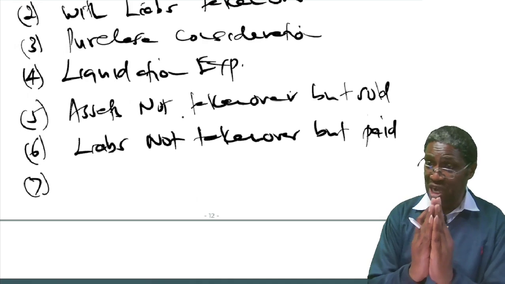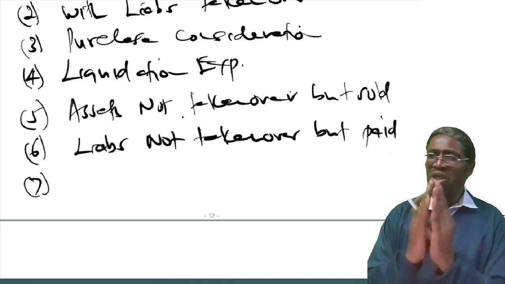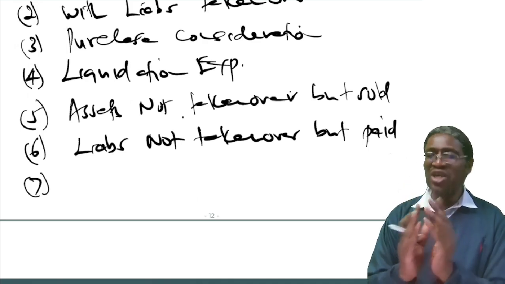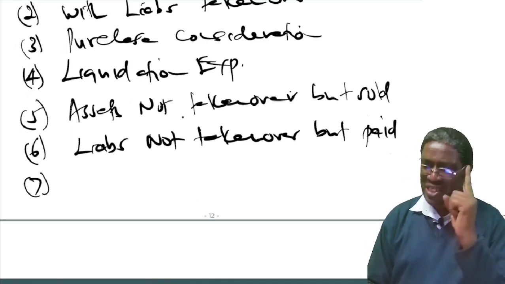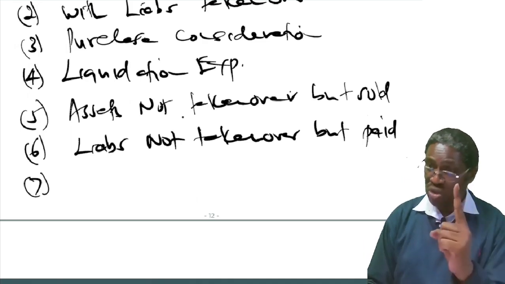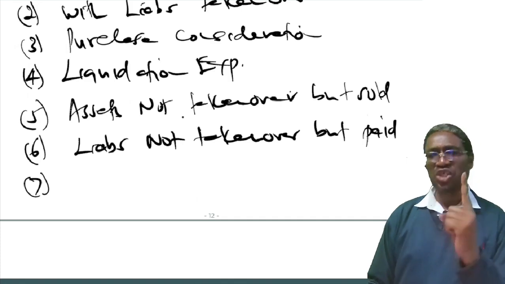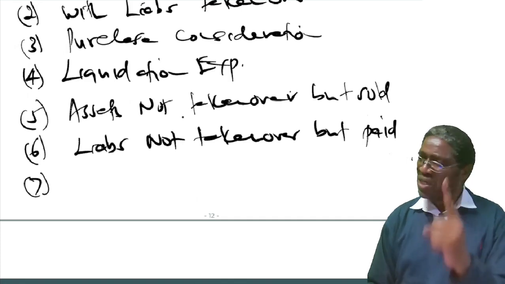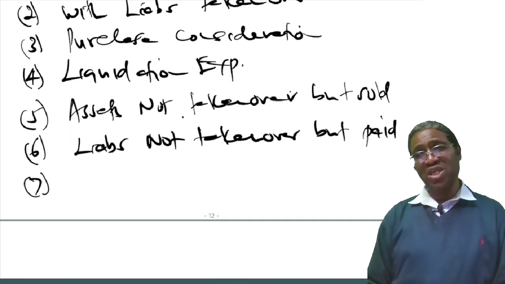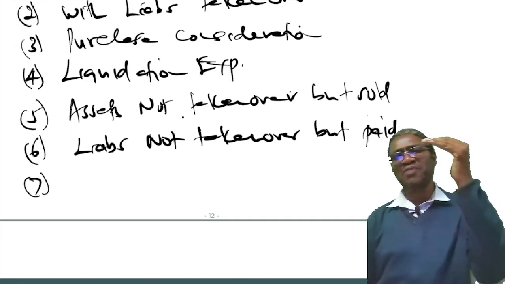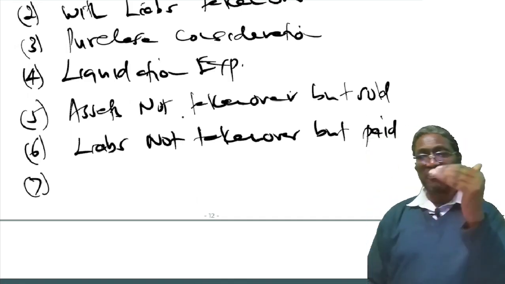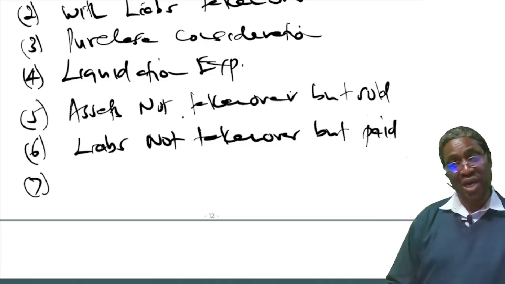No. What you do, as company A, you will create one liability account for the ordinary shareholders, where you will transfer everything that belongs to them to that account.